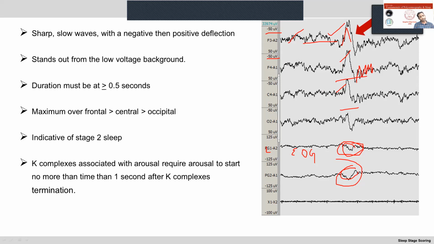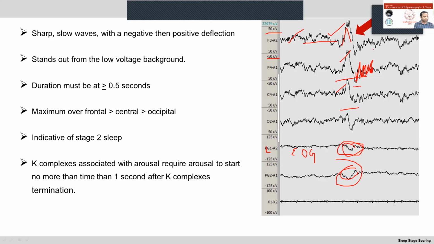In that case the stage will not be N2; since arousal is there, it will shift from N2 to N1. The arousal should come within 1 second. If it is more than 1 second, then it is not called K complex associated with arousal.